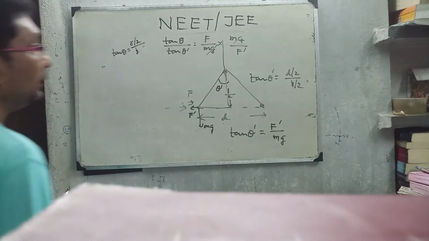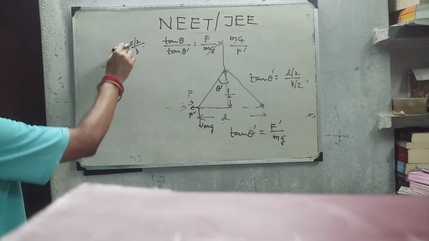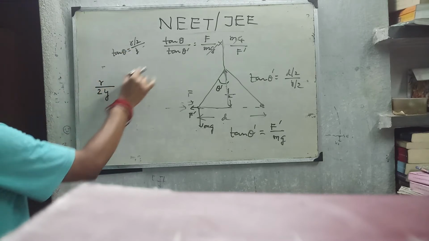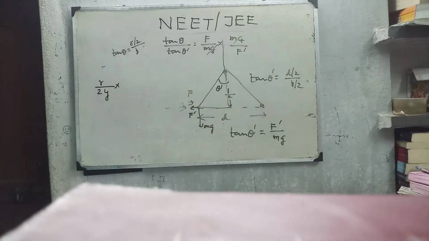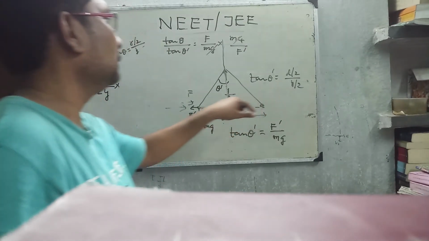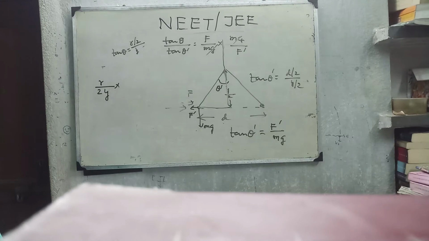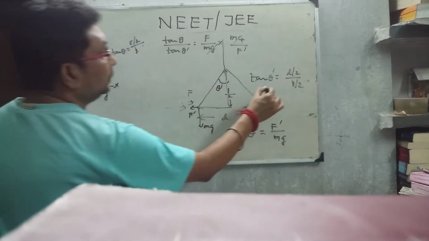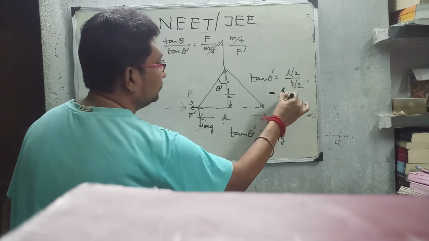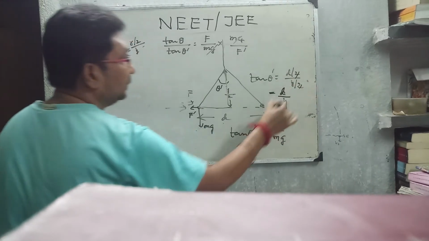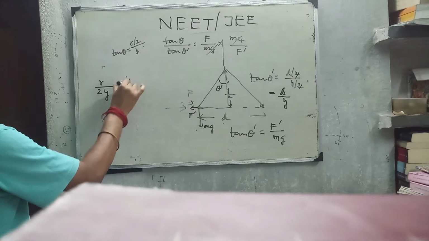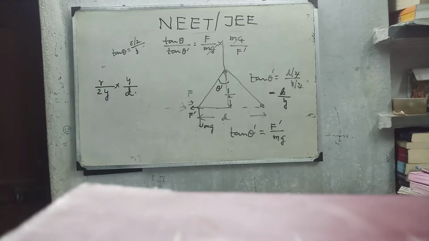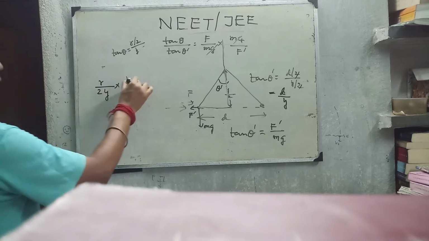Now tan theta, that is r by 2y, divided by tan theta dash, which is d by 2y. The 2 cancels, giving y by d, equal to F by F dash.